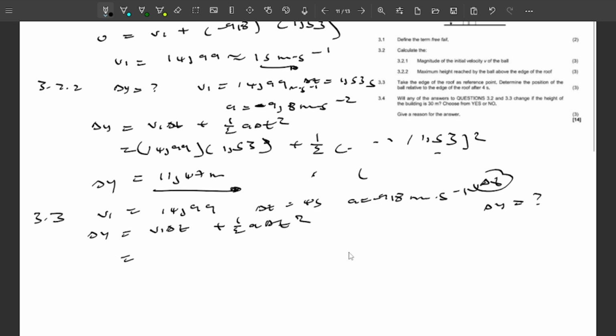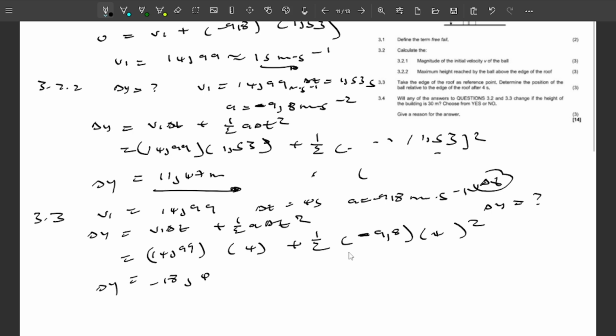My v initial is 14.99, my time is 4 seconds, my acceleration is negative 9.8, and 4 squared. Please be careful of your sign convention. It's so important because mistakes can be made. Just like that, our answer is negative 18.4 meters.